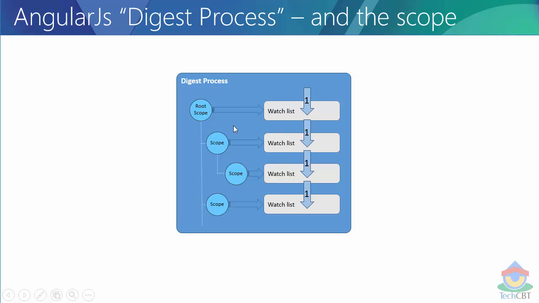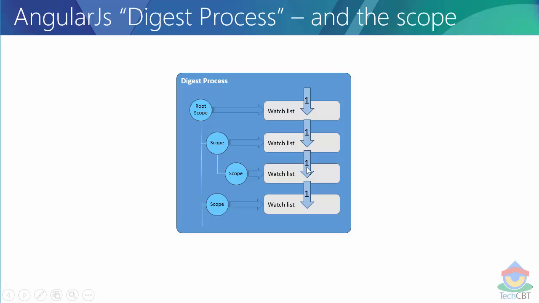So you can see during the first iteration, the digest process goes through the first root scope related watch list. And if it doesn't find any modifications, it tries to find any other scopes or child scopes available and tries to figure out if there exists any watch list related to those scopes and goes through those watch lists available there.